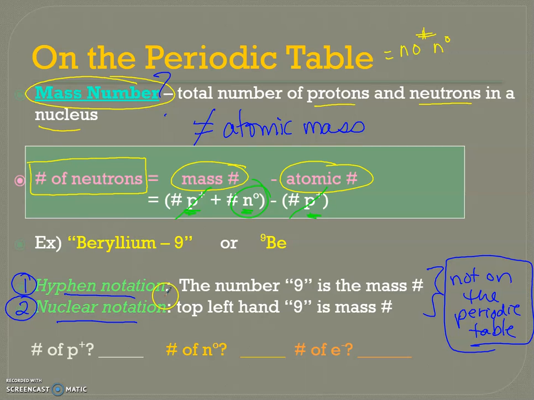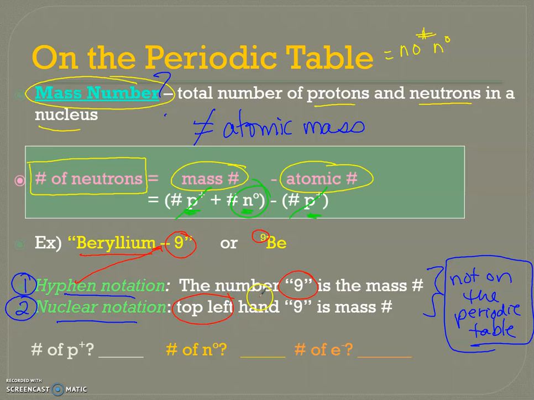The hyphen notation would be if the element name is spelled out, there's a hyphen and there's a 9 after it. The 9 is the mass number for beryllium. Well, if it's written out as a symbol, the nuclear notation would be the top left-hand number.